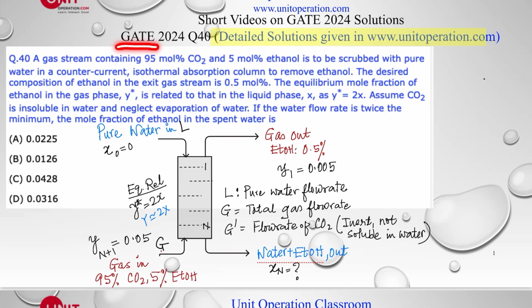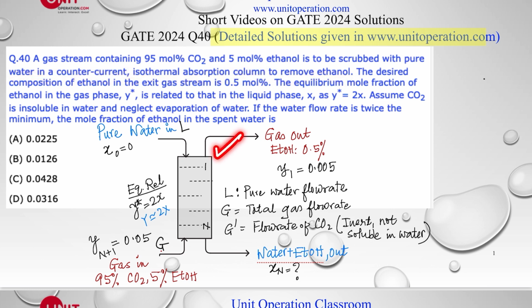NEET 2024 Question 40. A gas stream containing 95 mole percent carbon dioxide and 5 mole percent ethanol is to be scrubbed with pure water in a counter-current isothermal absorption column to remove ethanol.